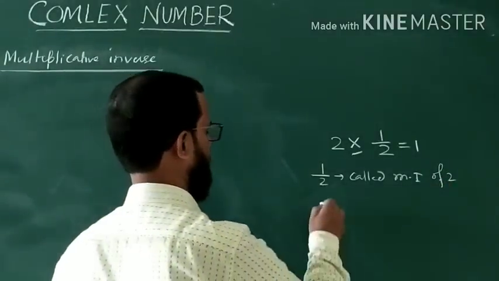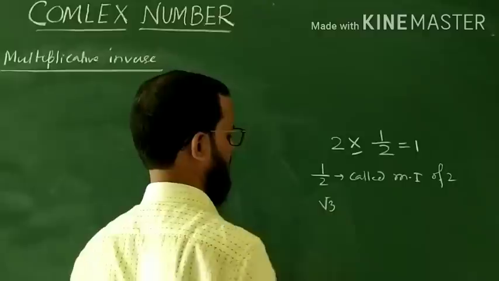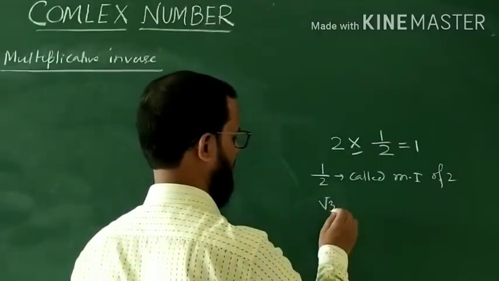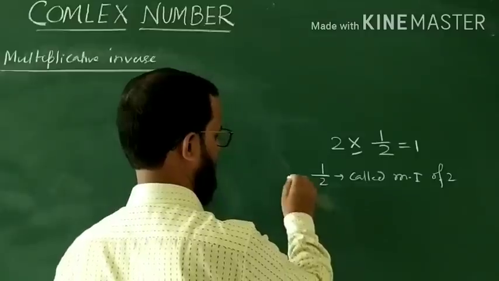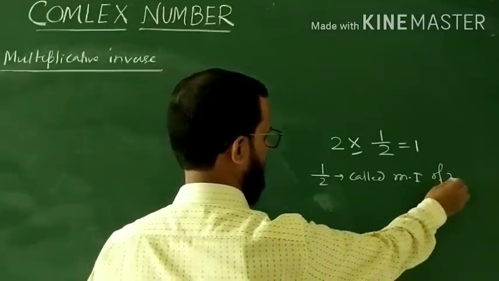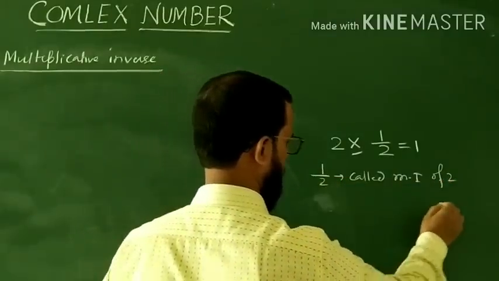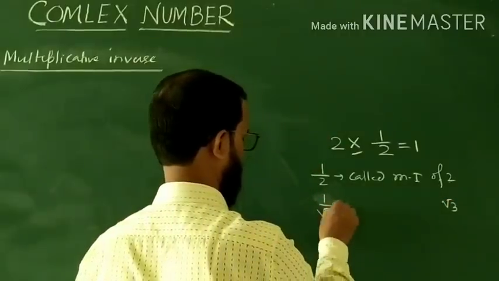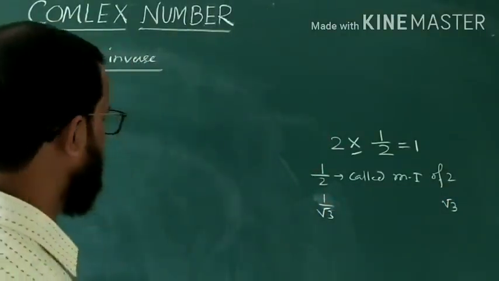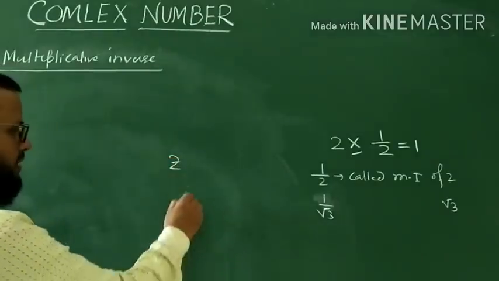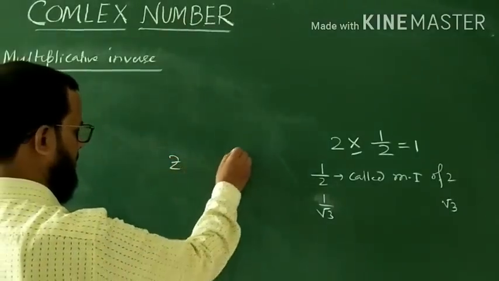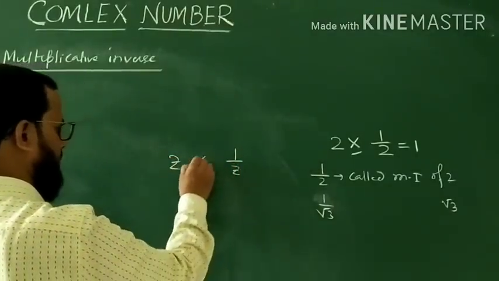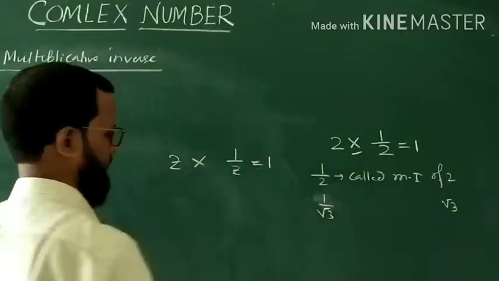Suppose I say √3. What is the multiplicative inverse of √3? It will be 1 by √3. Now if Z is a complex number, then what is the multiplicative inverse? It is 1 by Z. Z into 1 by Z is equal to 1.